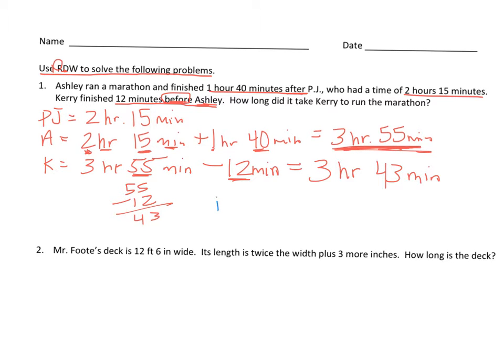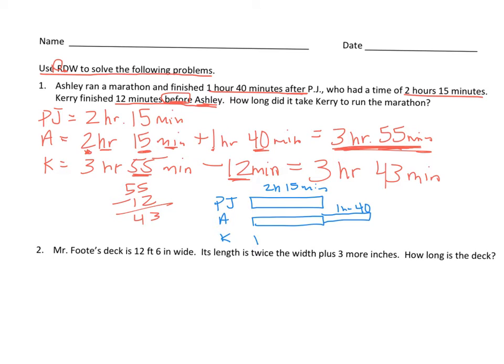So, PJ had 2 hours and 15 minutes. Ashley had the same, but I had to add on another hour and 40 minutes.